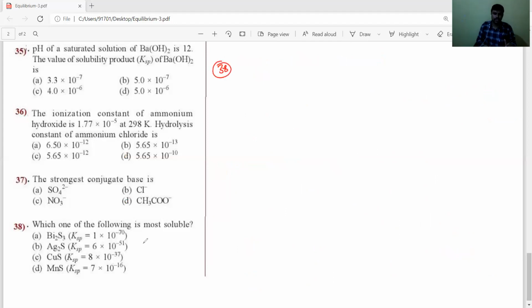The 38th question: which one of the following is most soluble, they gave. For this identification, they gave Ksp values. If the Ksp value increases, the solubility of the salt in aqueous medium increases. So we have to identify which has the higher Ksp value.